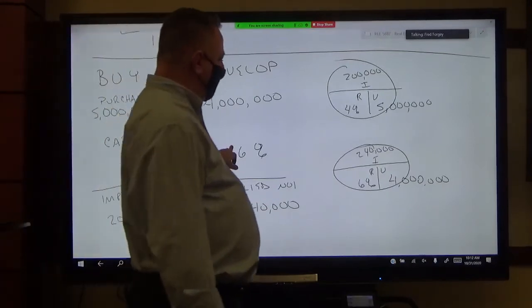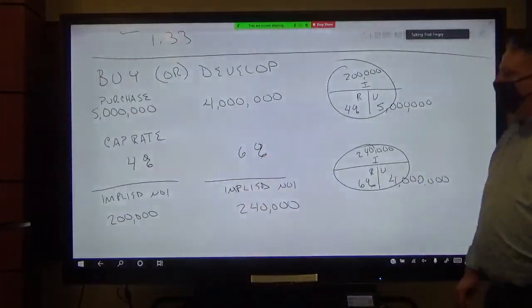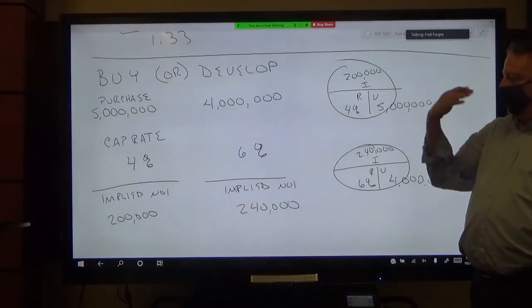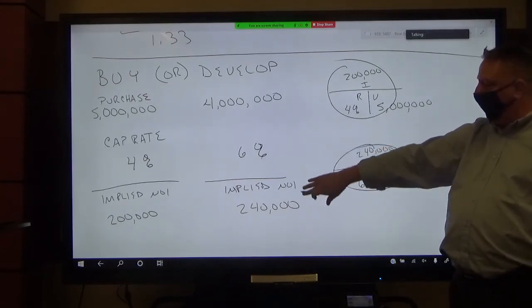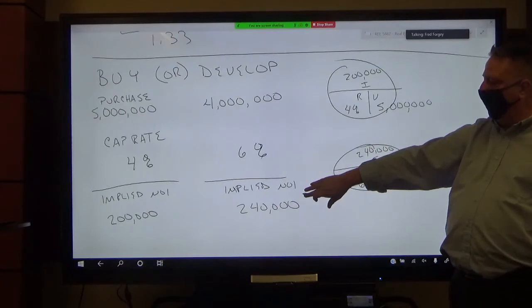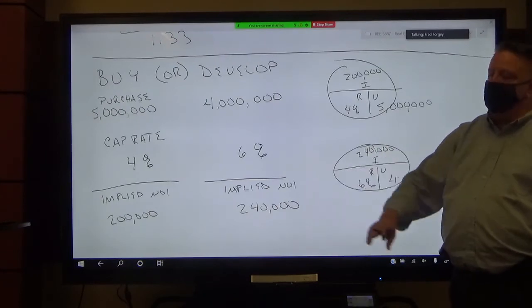On the development side, we're going to pay less for the property, we're going to incur the brain damage, but we're going to get a higher NOI on the property once it's up and running.